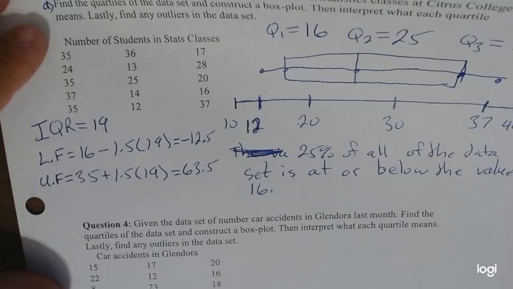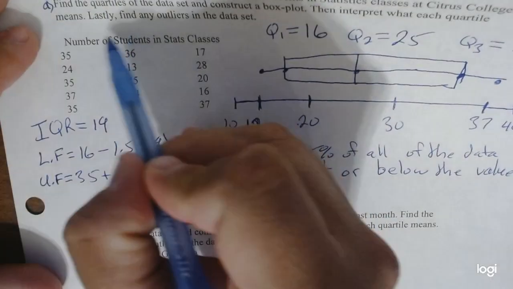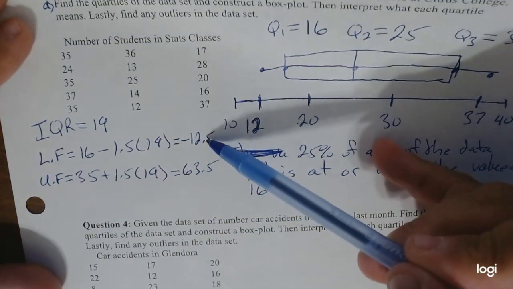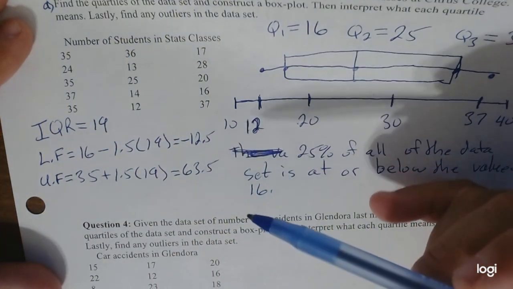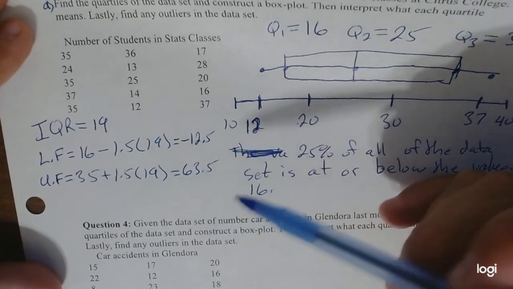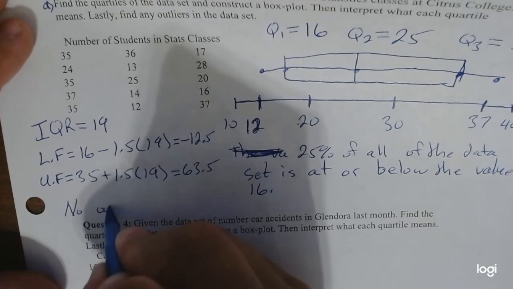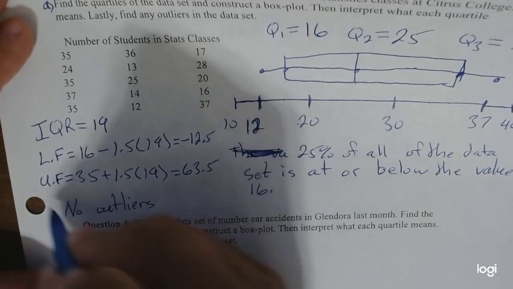Okay. So here's a question. Do we have any values, looking back to our data set, any of these numbers that are less than this or greater than that? And hopefully you say no, right? So there's none. So we have no outliers in this set.